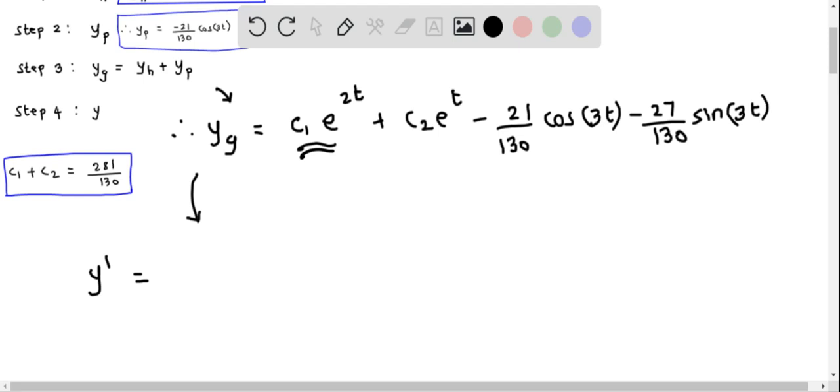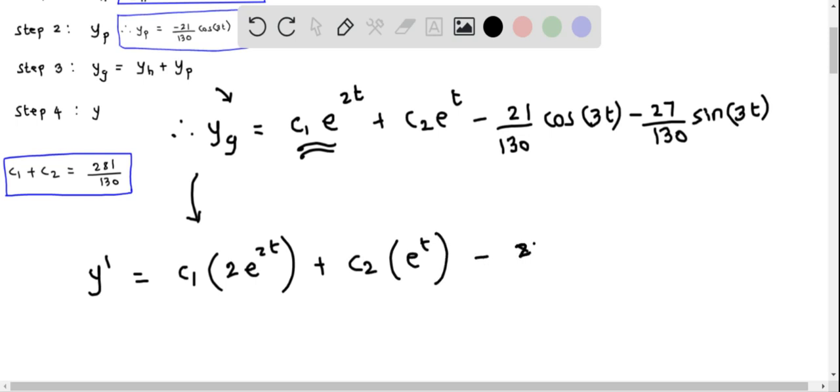We keep c1 as the constant, and the derivative of e raised to the power of 2t, using the chain rule, is 2e raised to the power of 2t, plus c2 times the derivative of e to the t, which is e to the t, and then we have negative 21 over 130 times the derivative of cosine 3t.